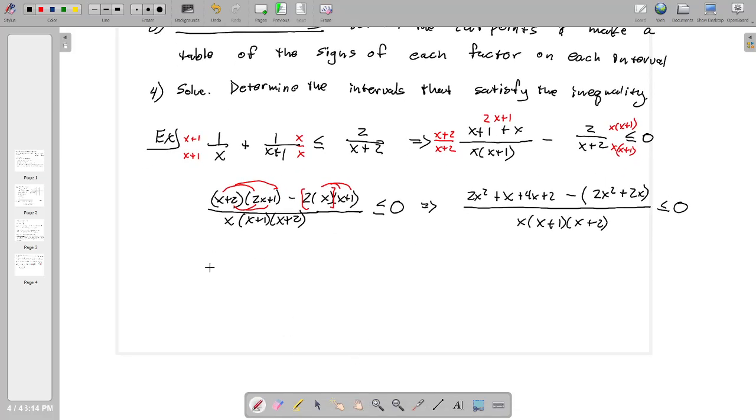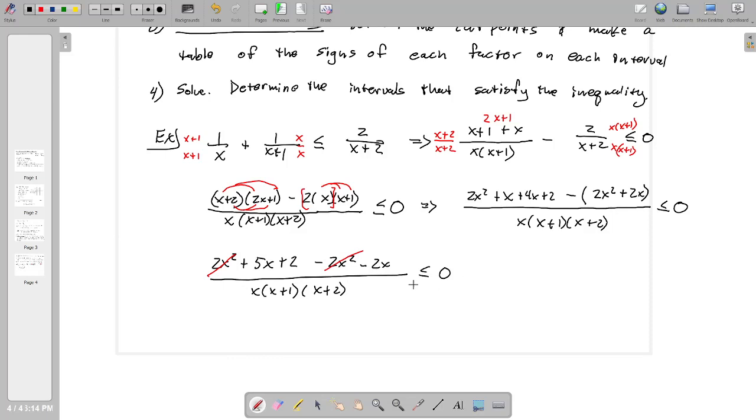So here, I will have 2x squared plus 5x, combining like terms, x and 4x, minus 2x squared minus 2x, all over x times x plus 1 times x plus 2 is less than or equal to 0. Now combining like terms, we have a 2x squared minus a 2x squared, and a 5x minus a 2x.